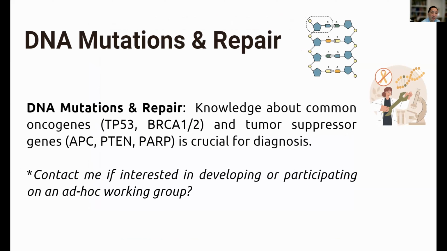I've just selected a couple of these just to not make my slides overwhelmingly long, but DNA mutations, for example, play a large role, especially in colorectal cancer, when we're talking about MSI, the replication, where you have DNA repair slippage, and you have things like APC, PTEN, and PARP, all associated with tumor suppressor genes, with also commonly associated DNA repair genes like TP53, BRCA 1, 2. So what I'm trying to strive for here is the explanation that you should try to have a feeling about these mechanisms, an understanding of the biology.